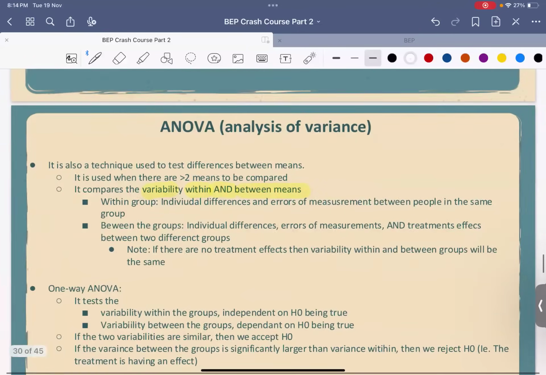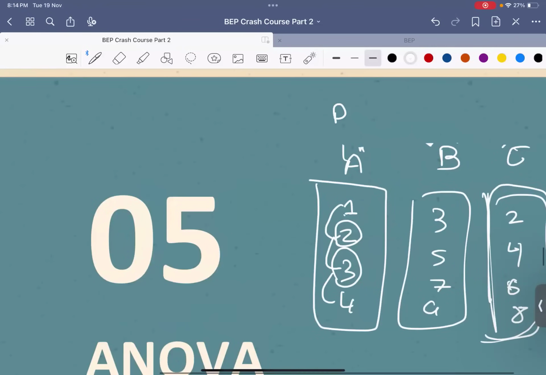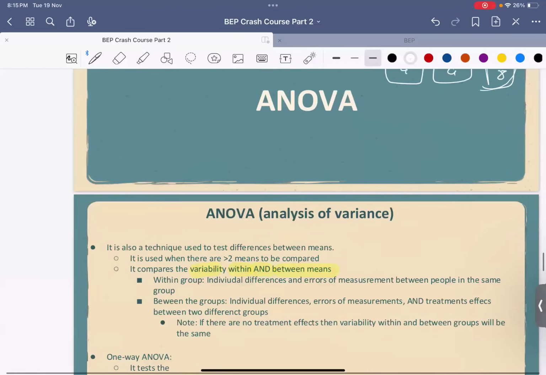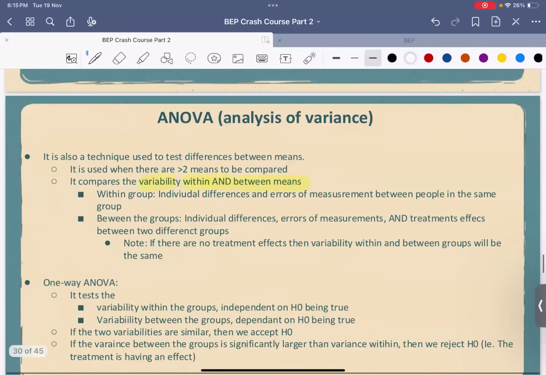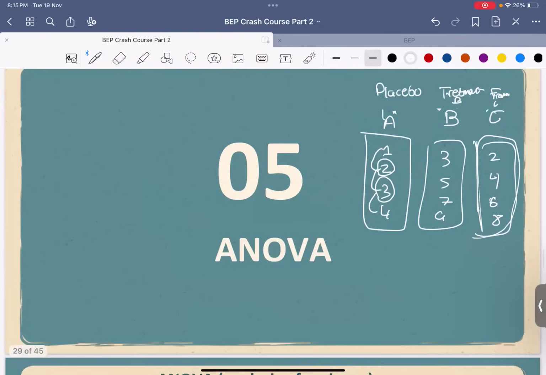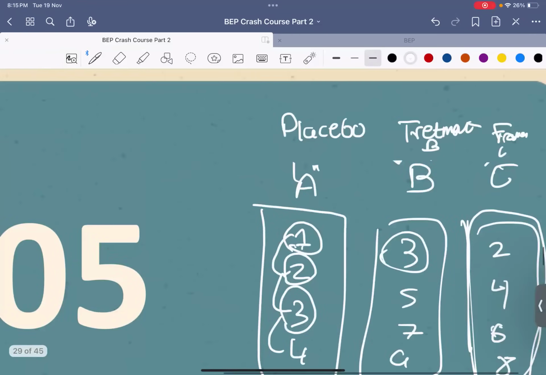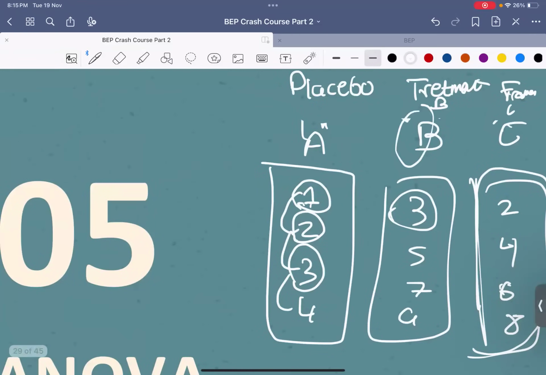Between the groups, let's say I gave this group placebo, I gave this group treatment B, and I gave this group treatment C. The variability between the groups might be because of individual differences, a difference between this person and this person. Maybe it's an error of calculation again, or maybe it's drug B that's causing this difference.